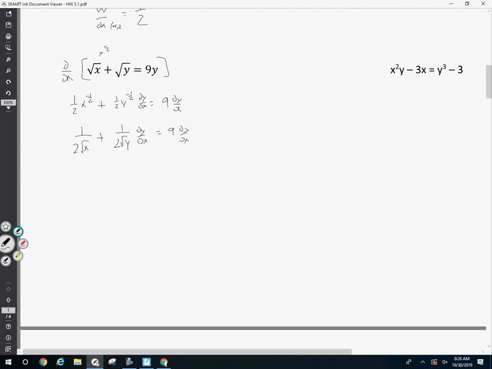Okay, now it's up to you what you want to do. I'll show you both ways you can do it. You can either move your dy/dx's to the left, which means everything else is going to be moved to the right. So let me show you what that means. I'll have 1 over 2 root y dy/dx minus 9 dy/dx. We'd have to subtract 9 dy/dx. And then I'd subtract the 1 over 2 root x.